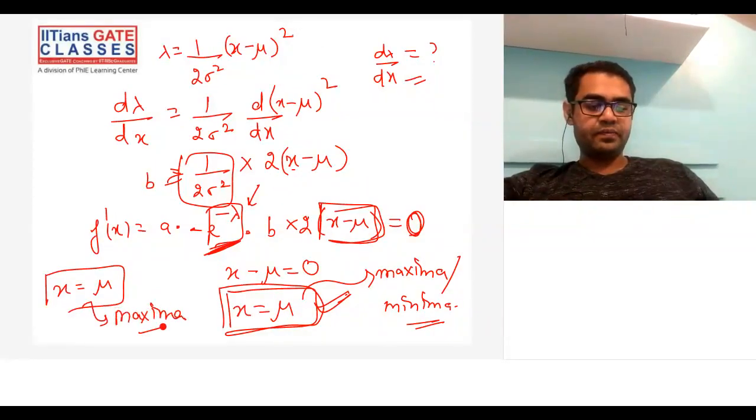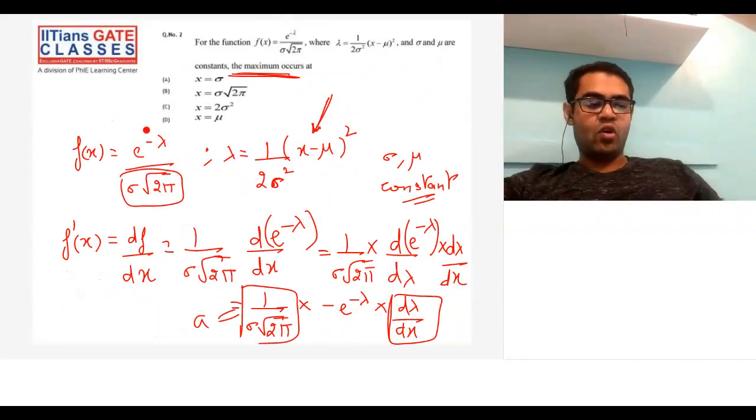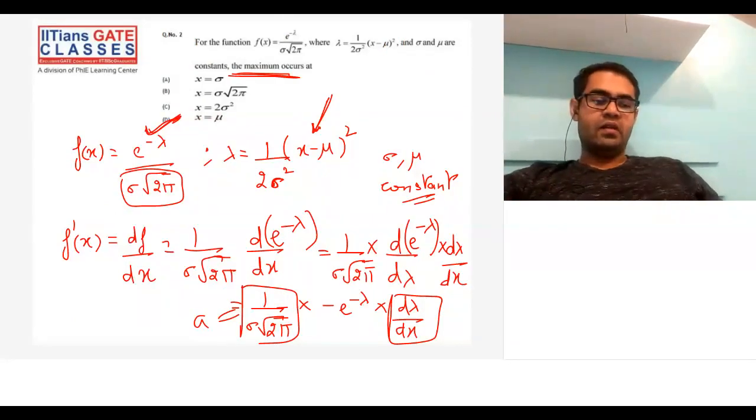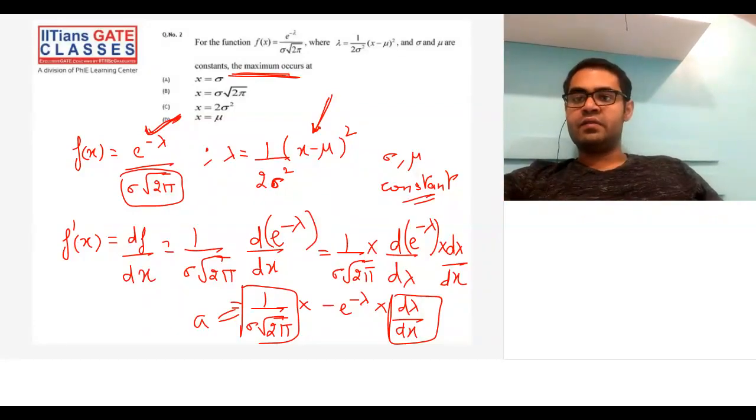So at this point the maxima will occur. So option D would be correct. You don't need to calculate the double derivative and so on because this is a complicated function. If you calculate that, it'll take 1 or 2 more minutes, I think.